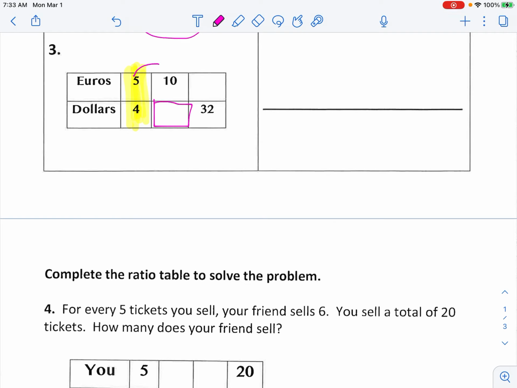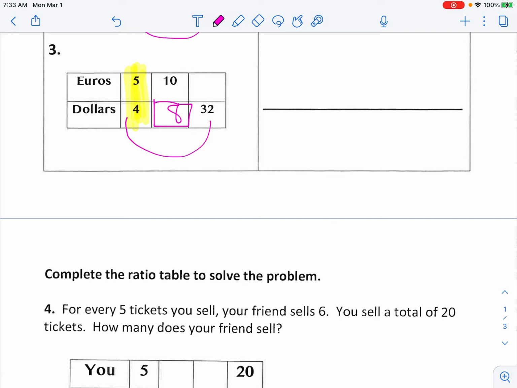So start with the first ratio and look at the relationship between 5 and 10. So we all know 5 times 2 is 10. So 4 times 2 is 8. Always go back to the original ratio to find your missing terms.